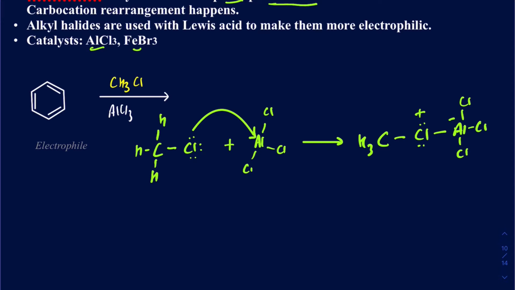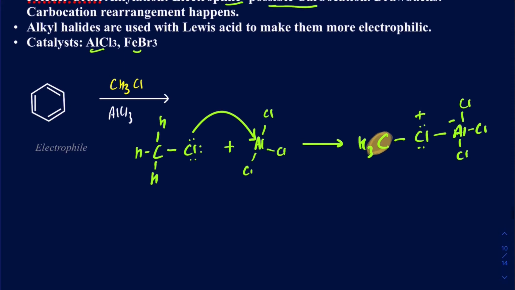Once this chlorine gets a positive charge, it makes this carbon even more electrophilic, because chlorine is more electronegative and now has a positive charge on it. So that makes the benzene ring pi bond attack this carbon even more successful.